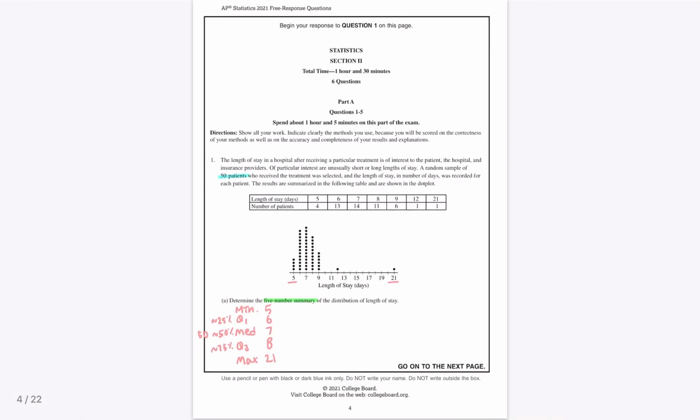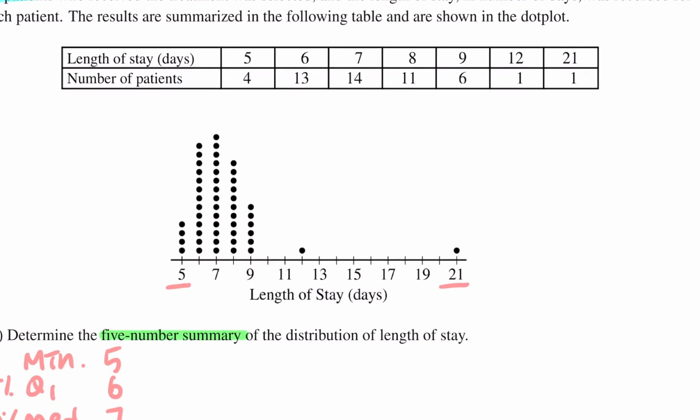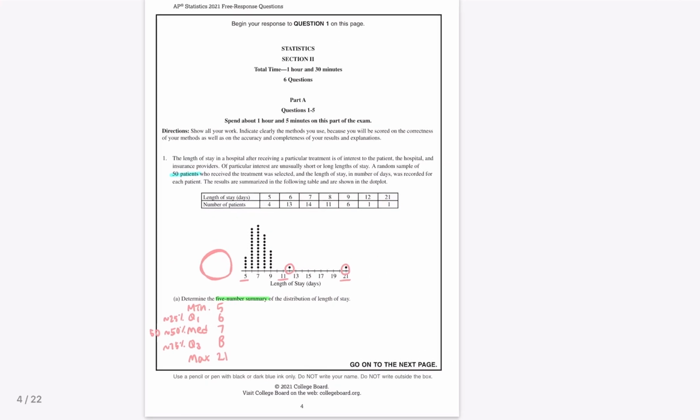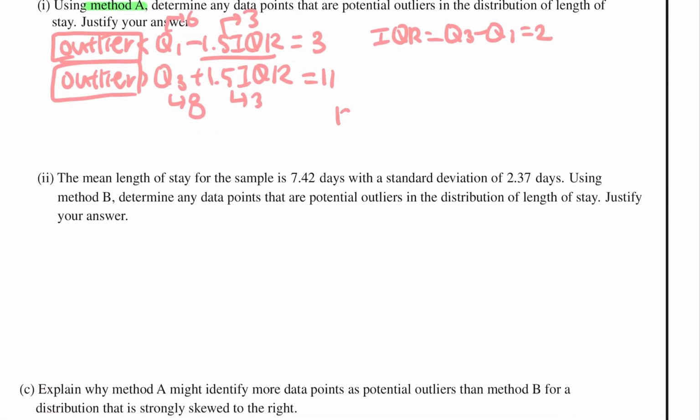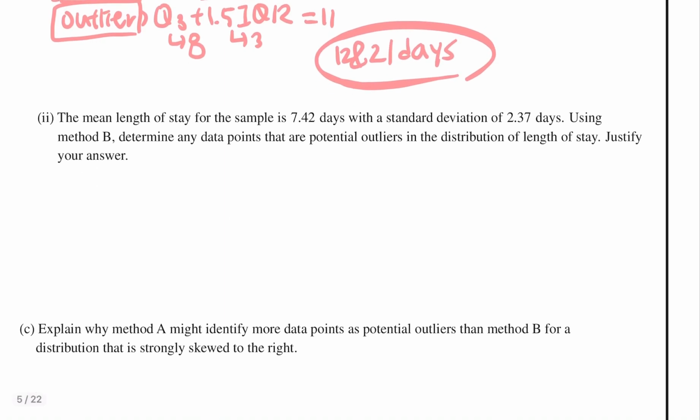Let's check. There is nothing smaller than 3, but we do have values larger than 11: 12 and 21. So we write that 12 and 21 days are outliers.